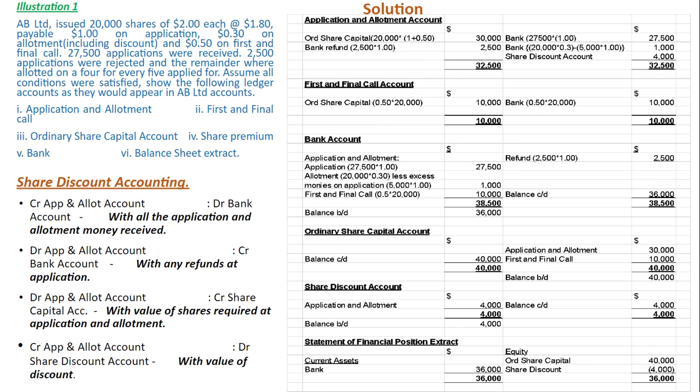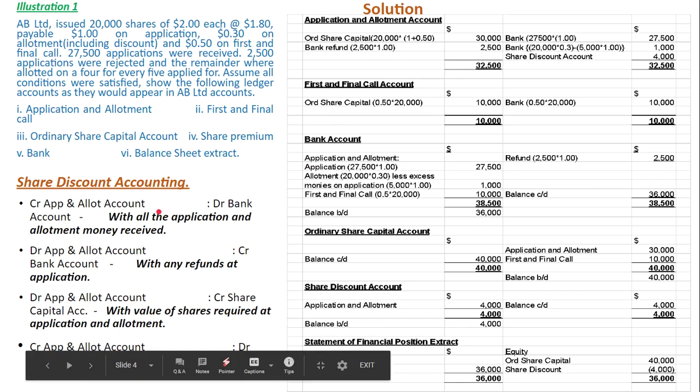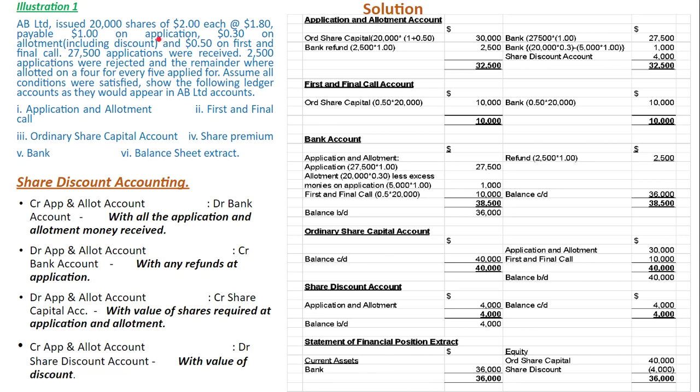Next, we are told debit application and allotment account with value of shares required at application and allotment, and credit share capital account. So we go to our question. We are told $1 is paid on application, 30 cents is paid on allotment, including the discount. Remember, we said shares are always recorded at par. And we are told that there was a discount.